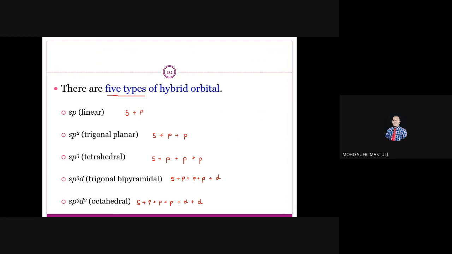Let's say we have the s orbital. The atomic shape is like this, round. If we have the p orbital, it looks like this, the pin bowling or the chromosome.